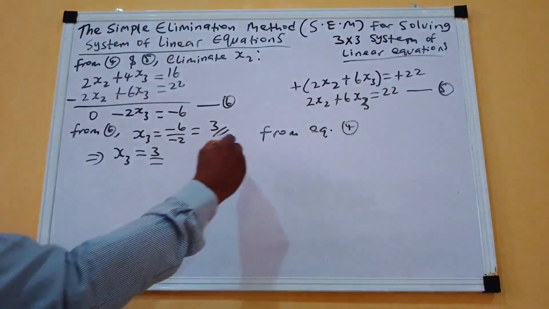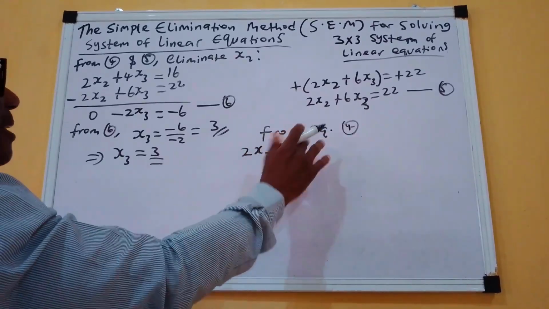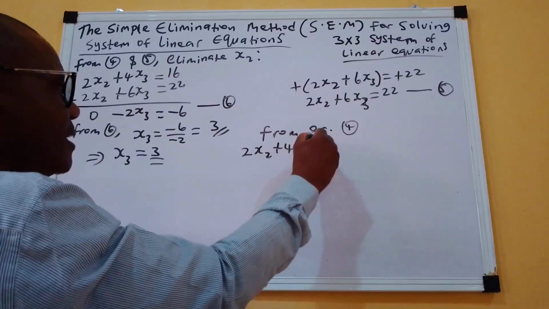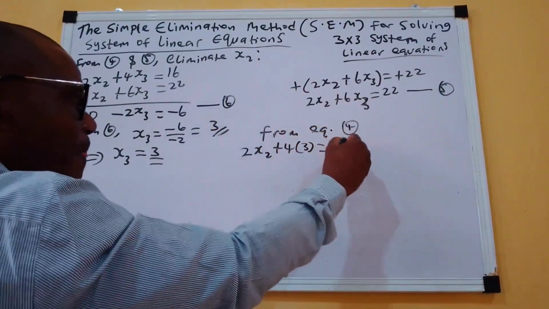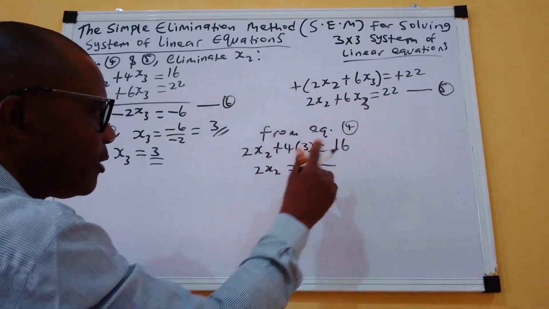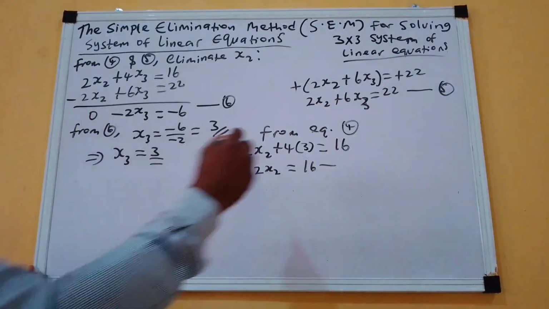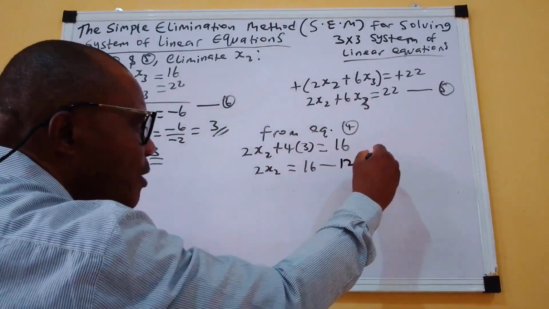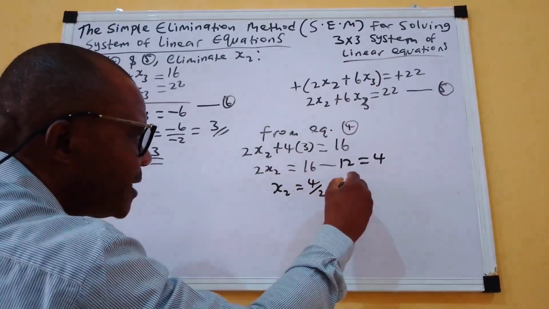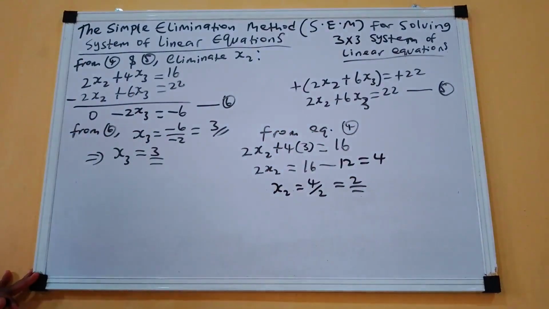From equation 4, we have 2x2 plus 4x3, our x3 is 3, 4x3 is equal to 12. So our 2x2 will be equal to 16 minus 4 times 3, which is 12. When it crosses to the other side, it becomes minus 12, and that will be equal to 4. So x2 will be equal to 4 over 2, and that is equal to 2. You can see how simple that is.